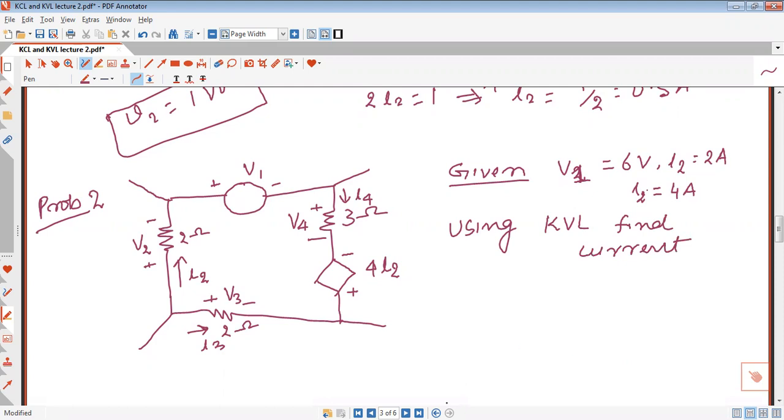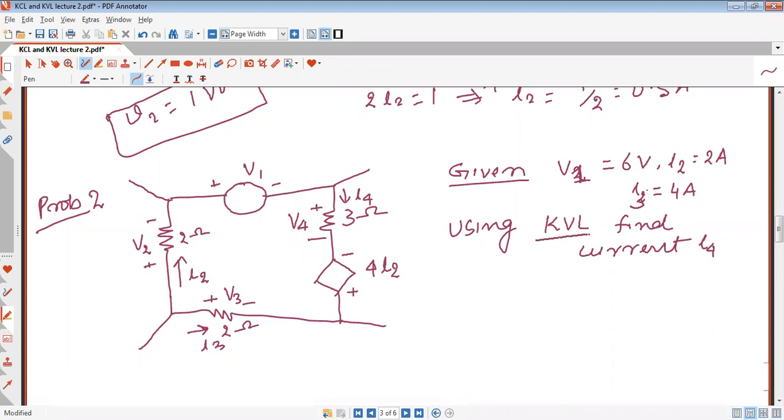So we have to calculate the current using Kirchhoff. In this problem, V1 is given as 6 volt, I2 is given as 2 ampere, and I3, the current flowing here, is given as 4 ampere. We have to find the value of I4, the current here, using the Kirchhoff voltage law.